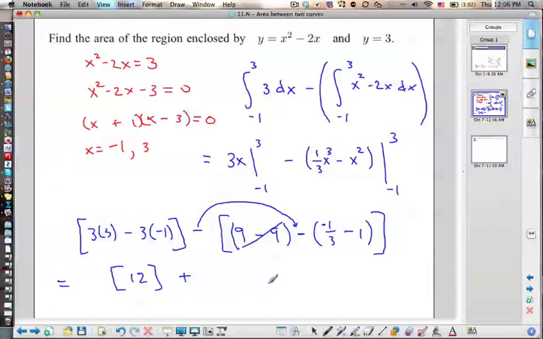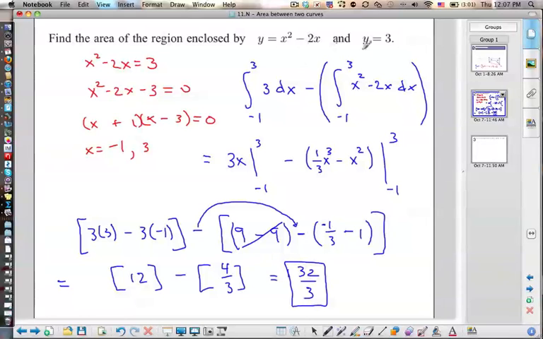Then let's do a common denominator: 36 over 3 minus 4 over 3 is 32 over 3. So 32 over 3 is our answer. The area between these two curves is 32 over 3.